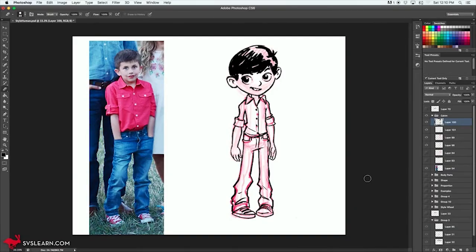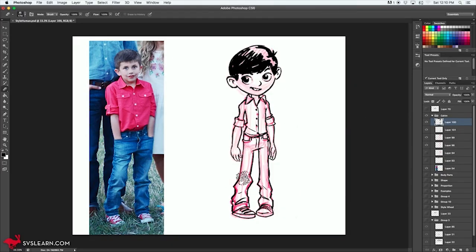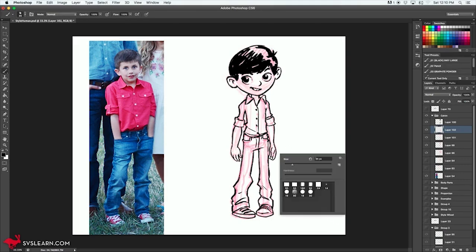I just want to turn down that line work under there a little bit more, and just want to give him a red shirt to go with the picture.